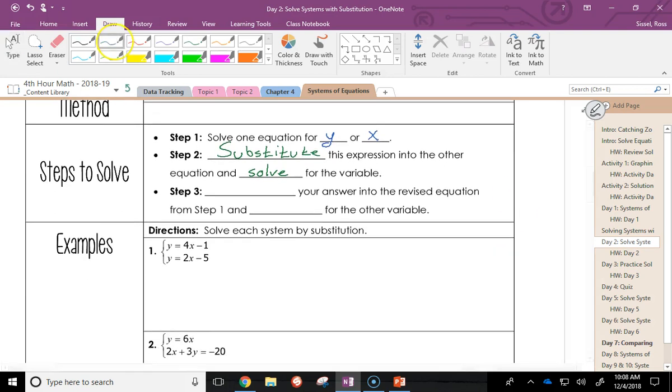Step 3. You can say substitute. You can say replace. Replace your answer into the revised equation from step 1 and solve for the other variable.